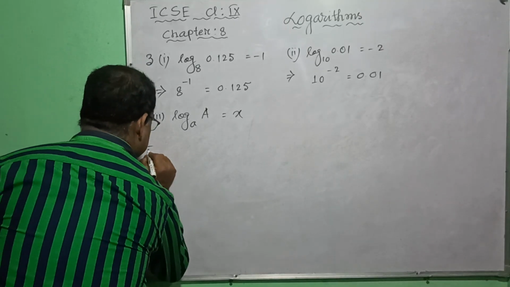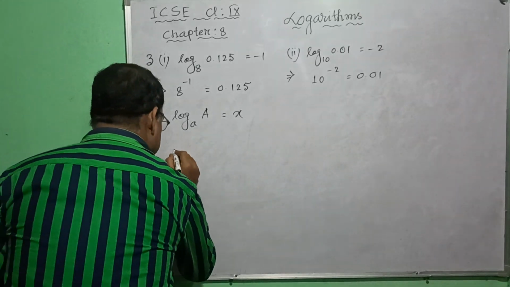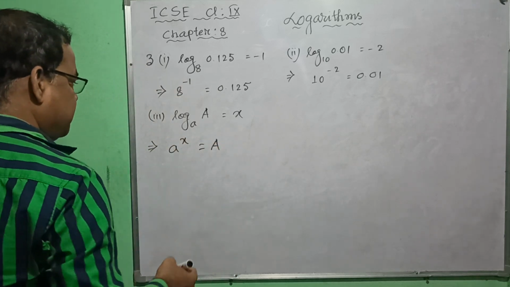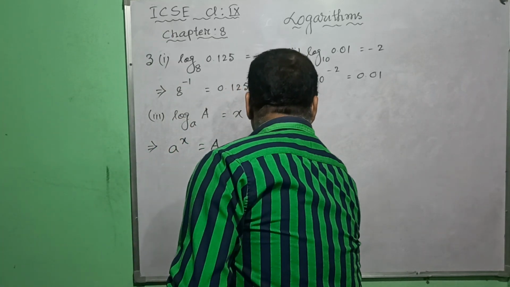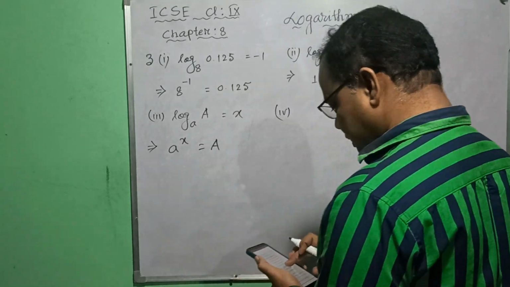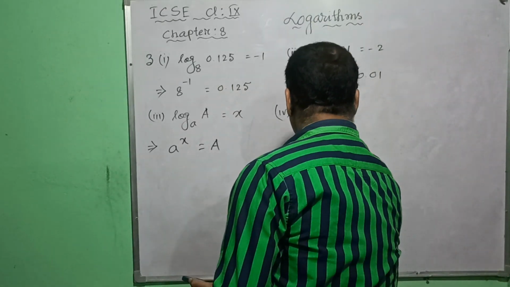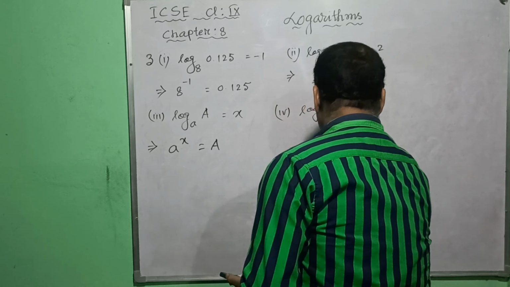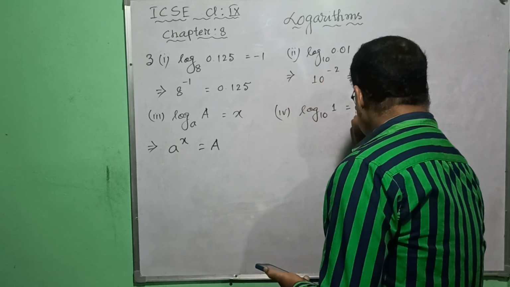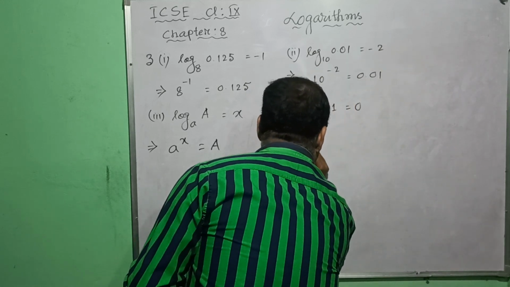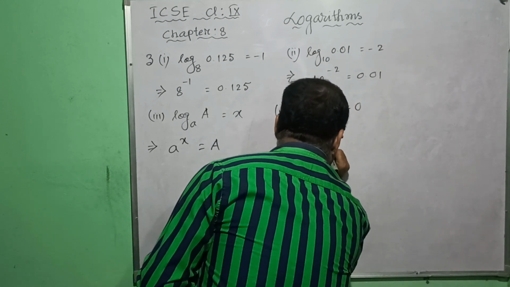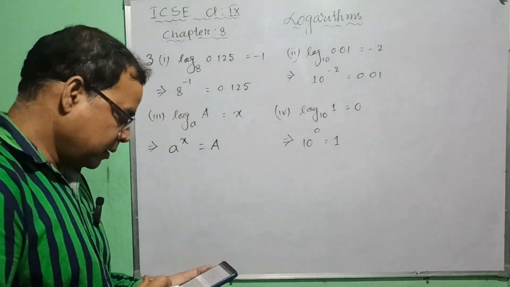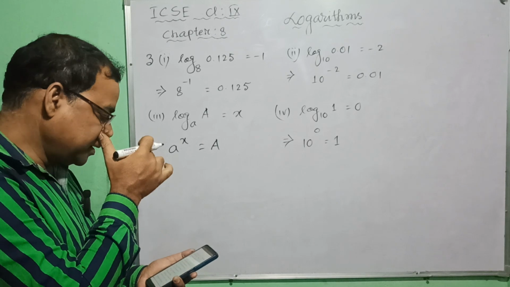So how we can write? We can write a to the power x equal to a. That much only. Number 4, it is given log 1 at base 10 equal to 0. So we can write 10 to the power 0 equal to 1. So that much is given.